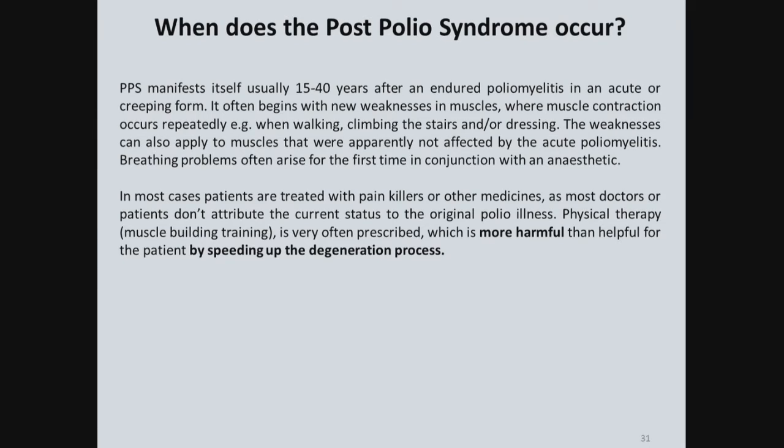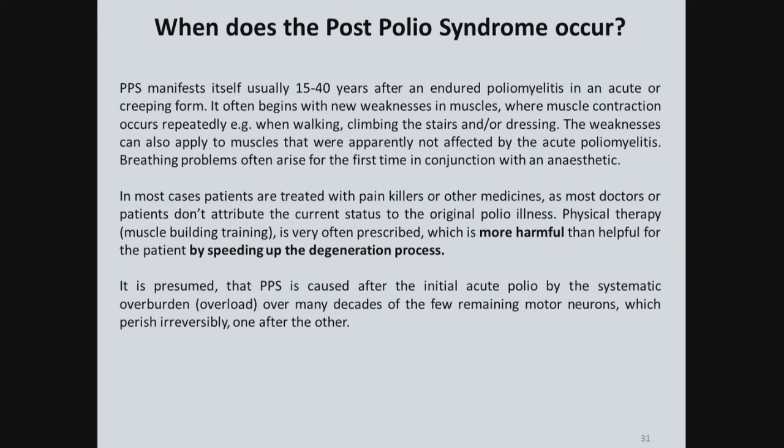Physical therapy, muscle building training, is very often prescribed, which is more harmful than helpful for the patient by speeding up the degeneration process. It is presumed that PPS is caused after the initial acute polio by the systematic overload over many decades of the few remaining motor neurons, which perish irreversibly one after the other.